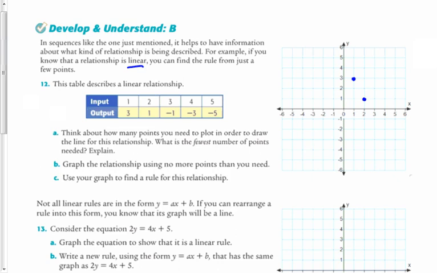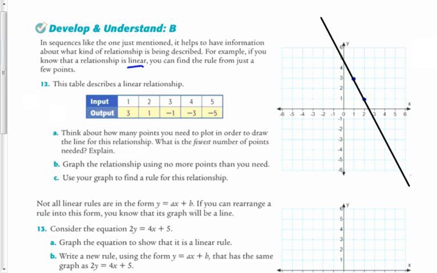Well, I now know that all the other points are going to be at that same slope. So I can plot a few more, or after I have those first 2 points plotted, I can just take my line and run it through those points at that slope, and I'm done.